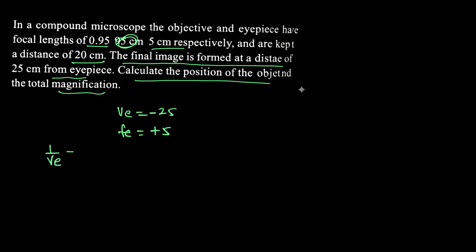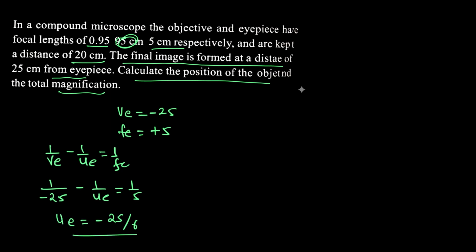So 1 by VE minus 1 by UE is equal to 1 by FE. Now 1 divided by minus 25 minus 1 by UE is equal to 1 by 5, and if I solve this one, I will get UE is equal to minus 25 by 6.